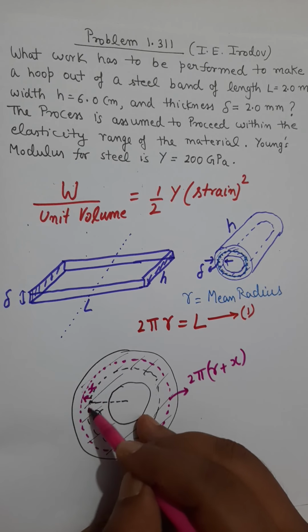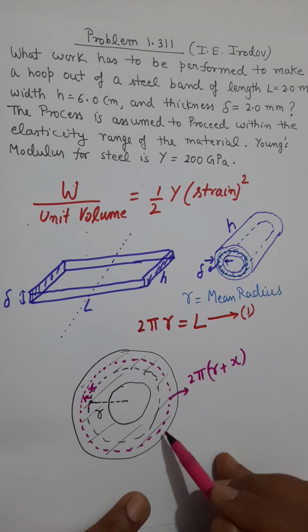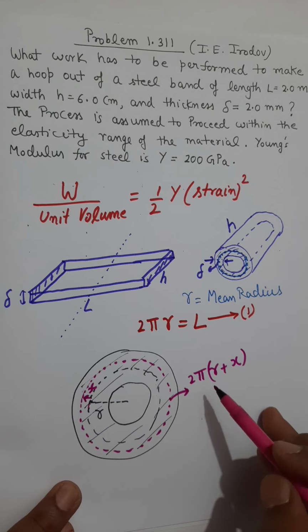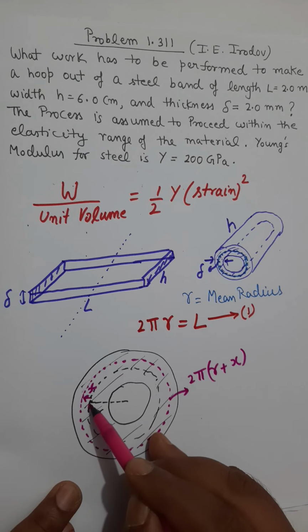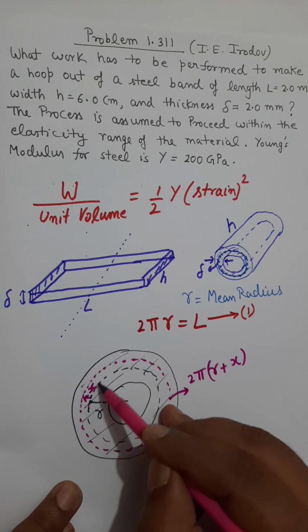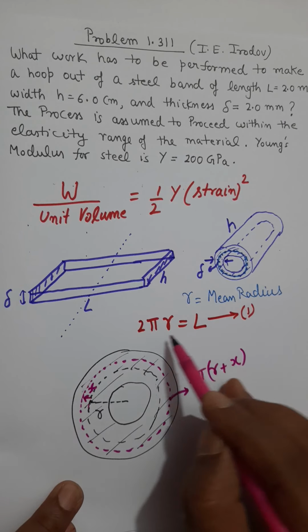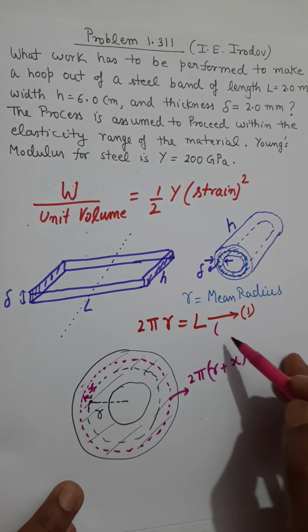This x is from the mean layer. So this is the circumference of this layer. The average layer, or the mean radius r, has circumference 2 pi r equal to L, and it has no strain because L is the natural length.